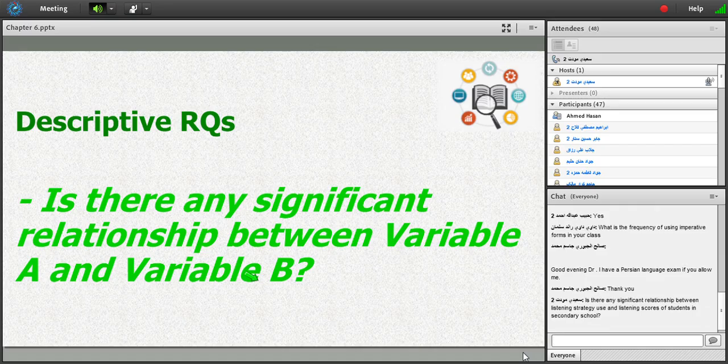This is, for example, another descriptive research question that checks the relationship. Can you write some descriptive research questions for the relationship in the chat box? Can you use this pattern and write another research question in the chat box?